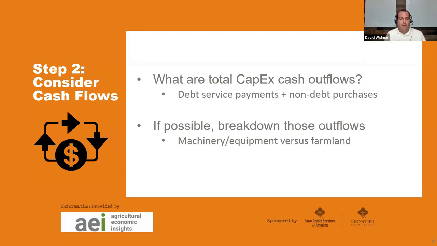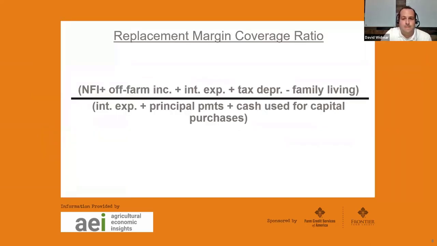Now, this is sort of a high level way of thinking about it. But Brent, I'm going to flip this over to you now, and we have a specific ratio that producers might want to measure and follow with their operation. Yeah, David, I think oftentimes we get asked the question of, how much should I be doing for capital expenditure in a given year?